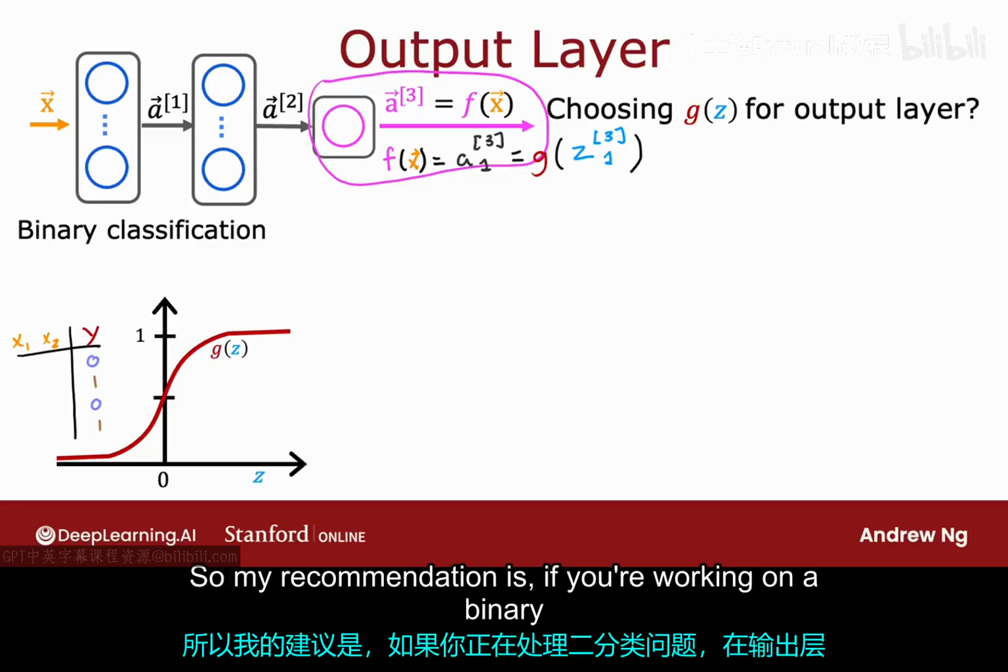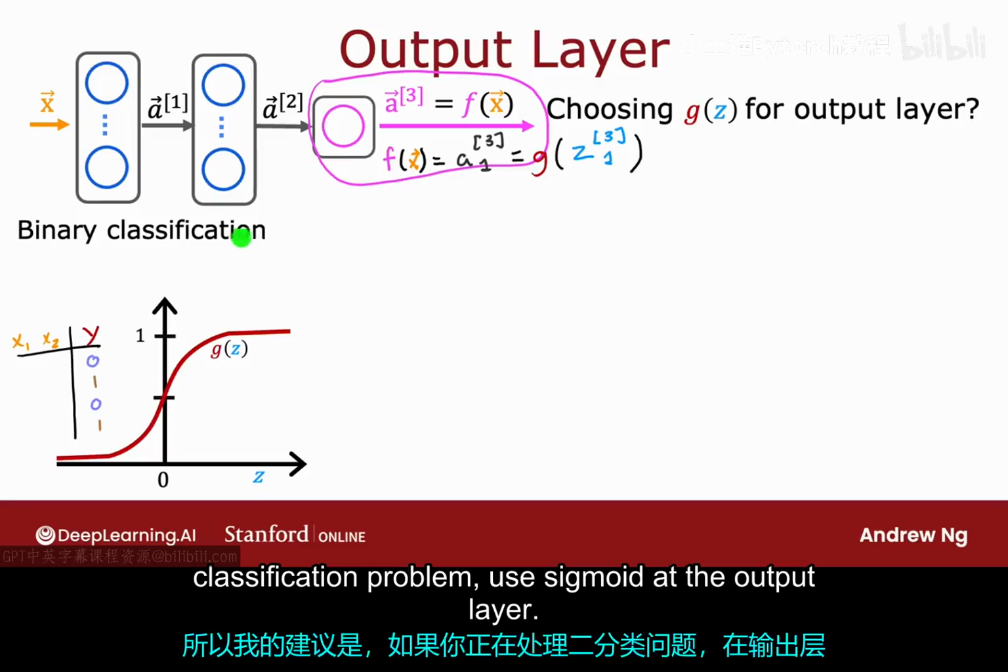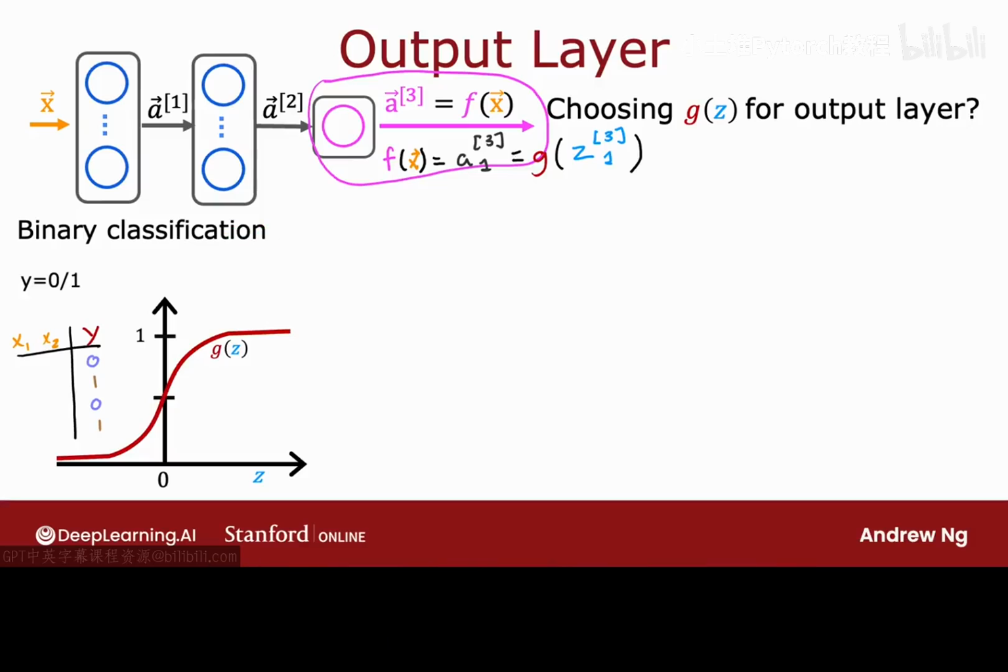So my recommendation is, if you're working on a binary classification problem, use sigmoid at the output layer.